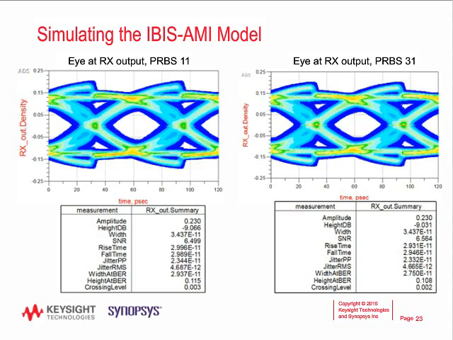These simulations that you're looking at here on this slide were done at both BER of 10 to the minus 6 and also BER of 10 to the minus 12. The results seen are from BER of 10 to the minus 12, and also the eye dimensions and eye measurements in the tables at the lower half of the slide are reported at BER of 10 to the minus 12.